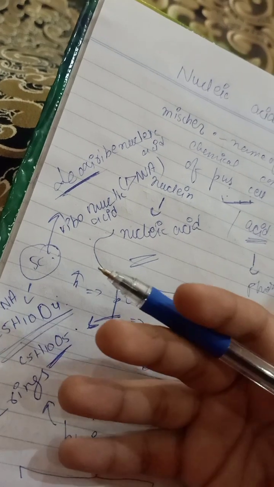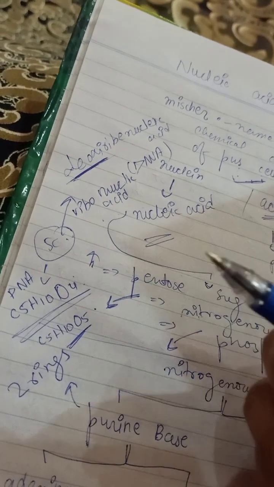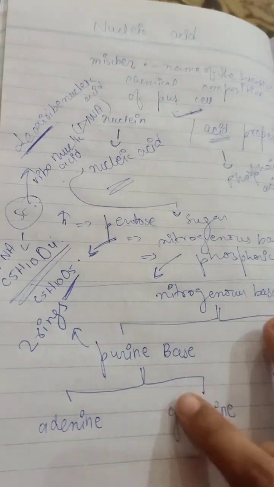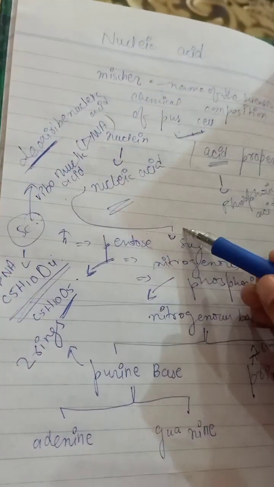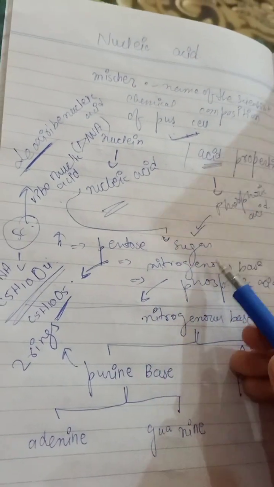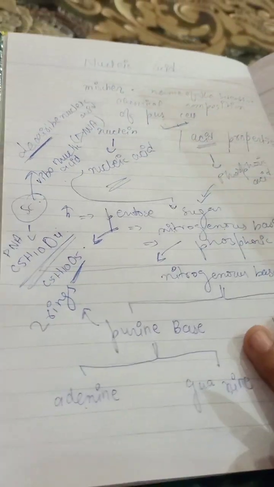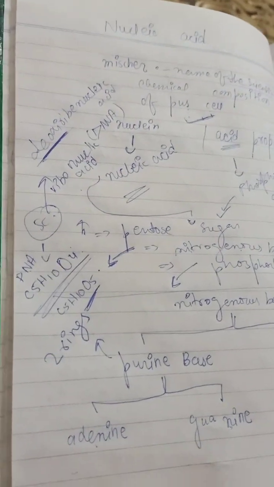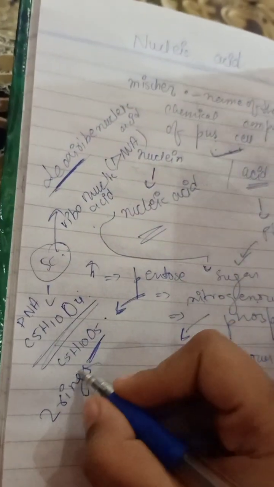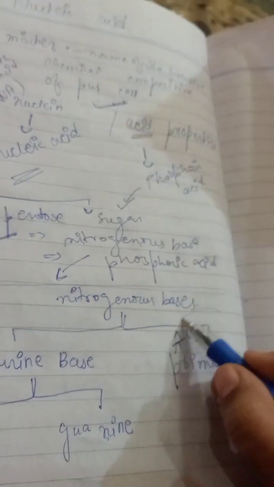Okay, and in the next video we will be talking about some more things, but first of all we are done with the pentose sugar. Now let's talk about the nitrogenous base. So adenine and guanine are the nitrogenous bases of the purine base, which have 2 rings, and this one has 1 ring.